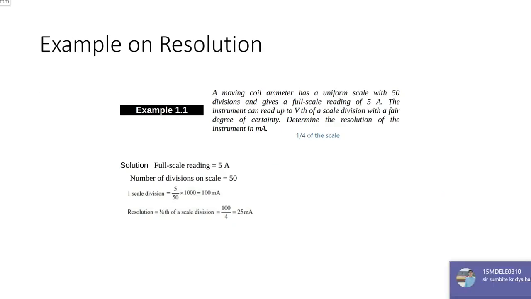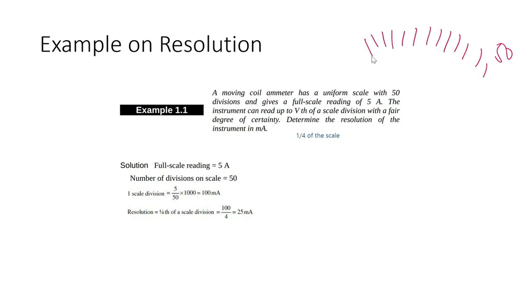Now let's solve a problem on the resolution. A moving coil ammeter has a uniform scale of 50 divisions, and the full scale can measure 5 ampere current, so 0 to 5 ampere.